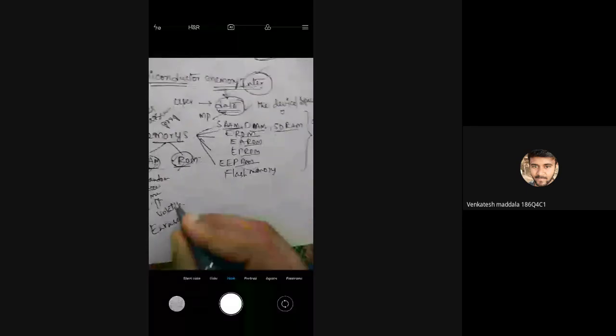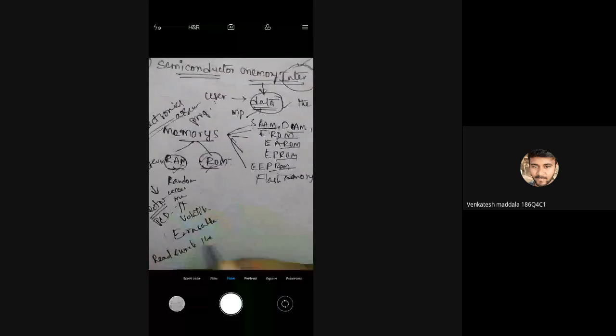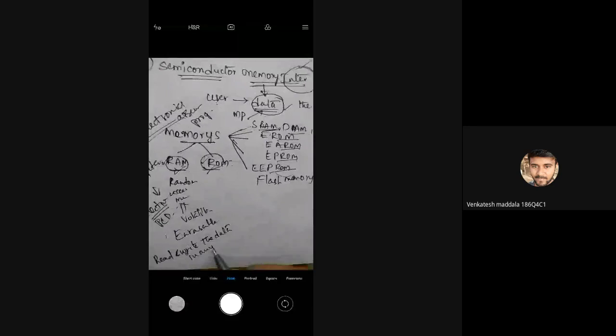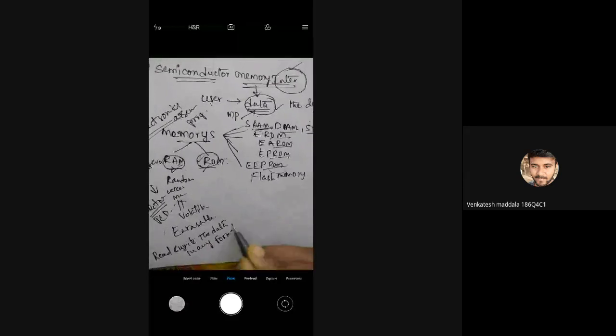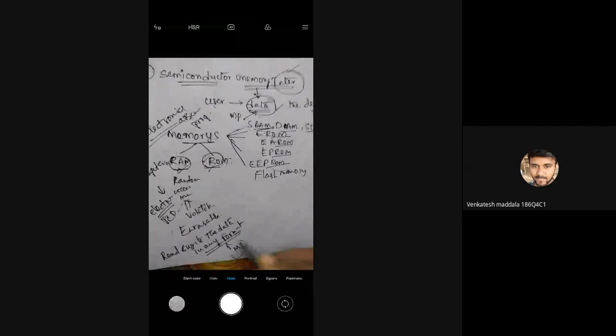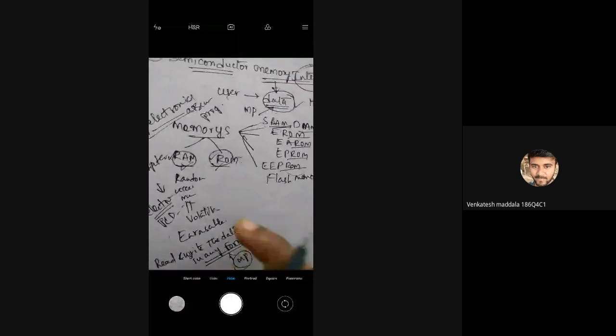So it is used to read and write the data in any format. In any format here means the format required by the microprocessor. In whatever format the microprocessor requires the data, only in that format can we store the data in this RAM.